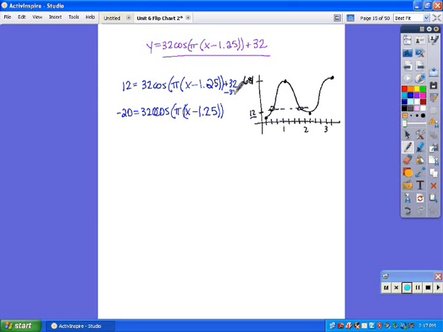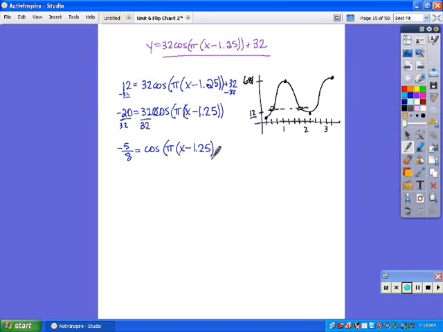Now we divide by 32 on both sides. If I reduce that, it would be negative 5/8 equals cosine of pi x minus 1.25.